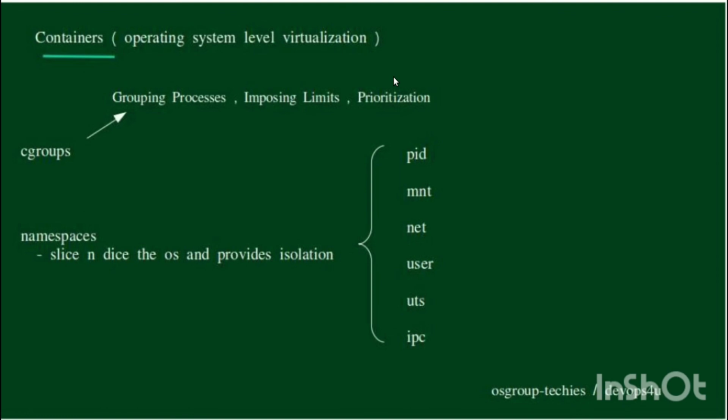For example, it is not possible to have Windows containers on top of your Linux based machines. Maybe it is possible if you have a virtual machine on top, like Docker Desktop does. You have Windows, and on top of that you have Docker Desktop, which actually creates a virtual machine and on top of it creates Docker, but that is a different scenario.